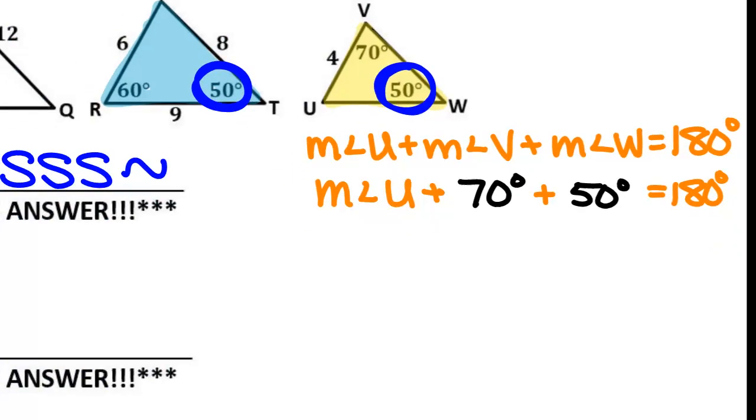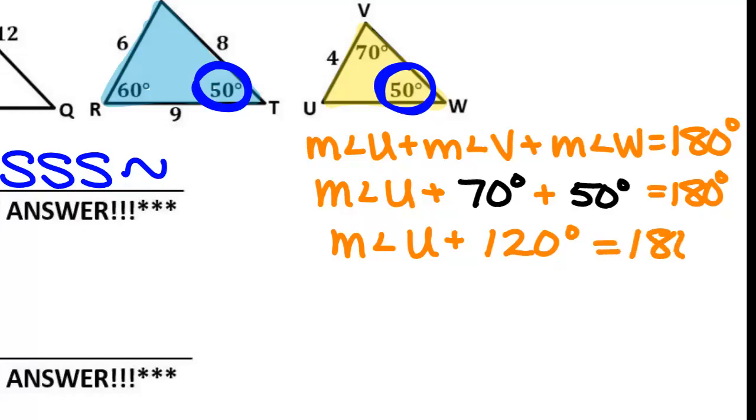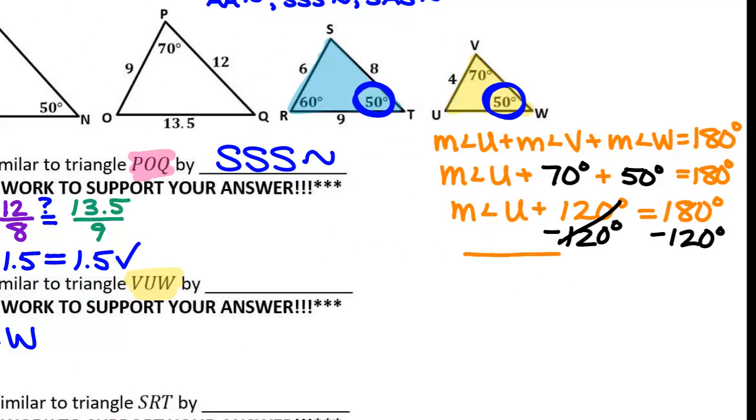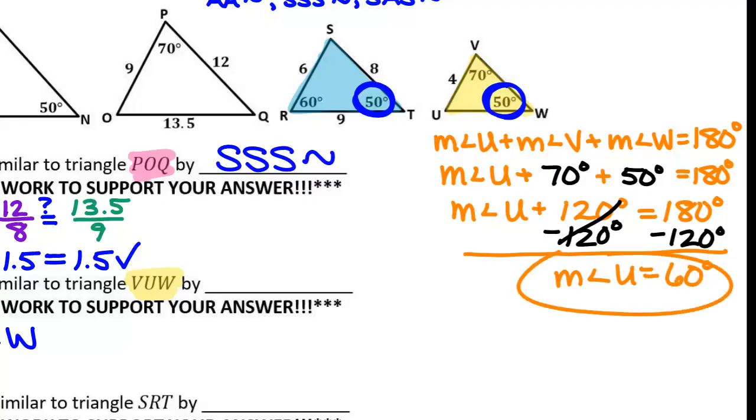What is 70 plus 50? 120. So the measurement of angle U plus 120 degrees equals 180 degrees. And then I'm going to subtract 120 degrees from both sides. And that gives us what for angle U? Angle U is 60 degrees.